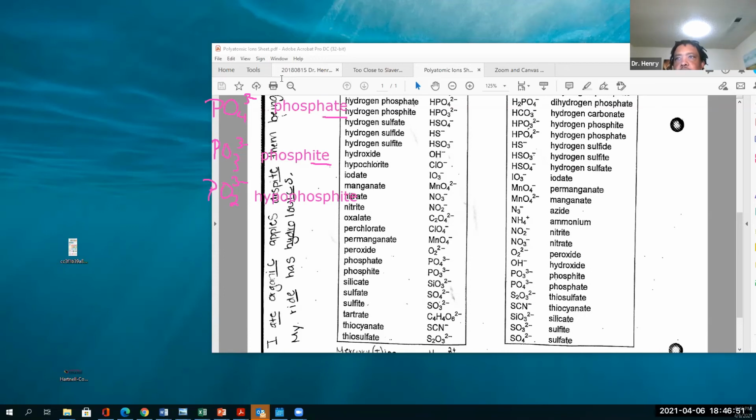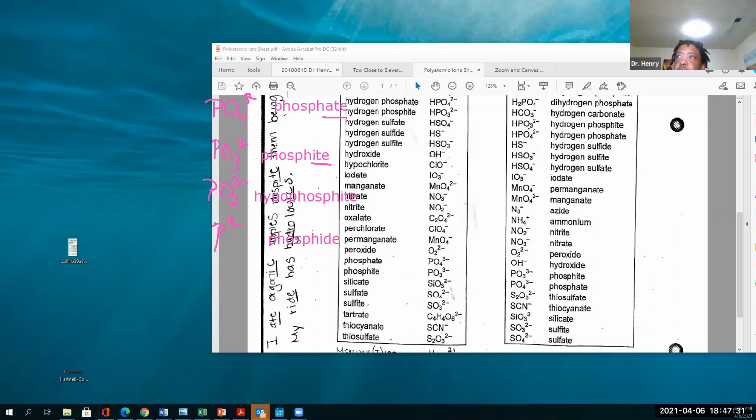And we know that P3 minus is called phosphide. Notice phosphide has a 3 minus charge, and all of these have a minus. Normally these oxyanions pair up, and their charge is associated with the charge of the ion they're paired with, usually. There are some exceptions.